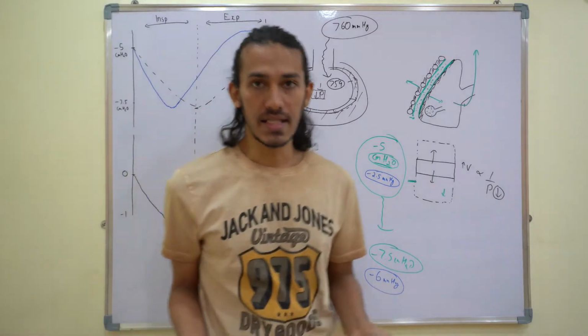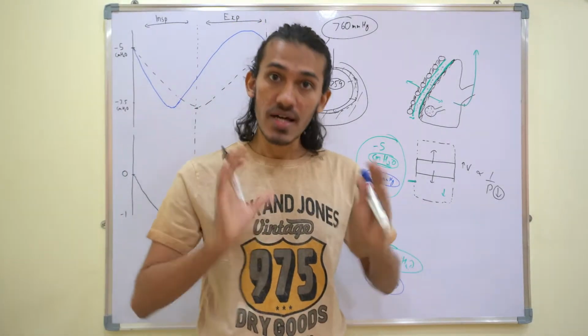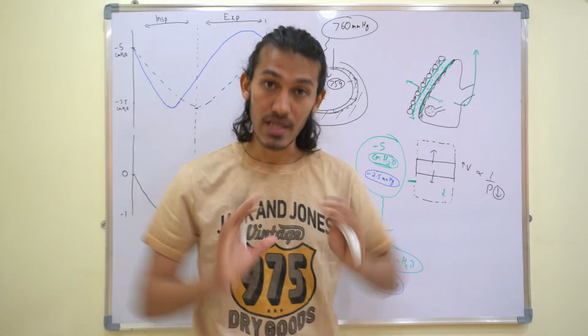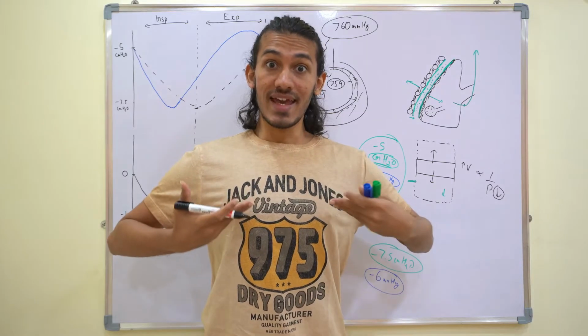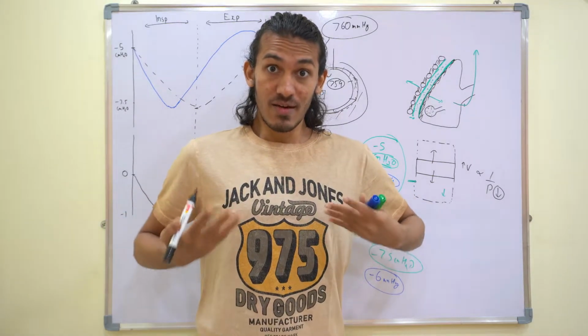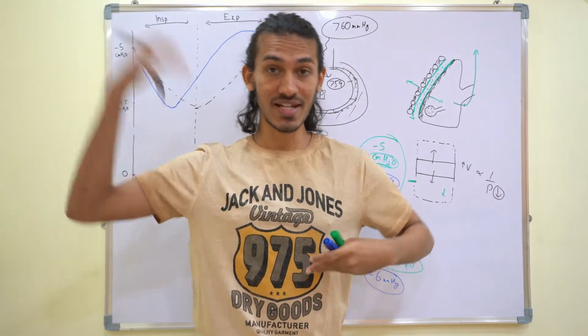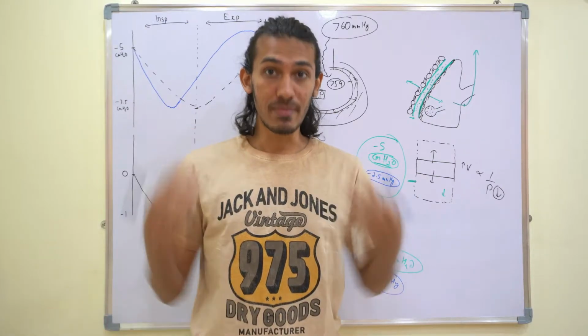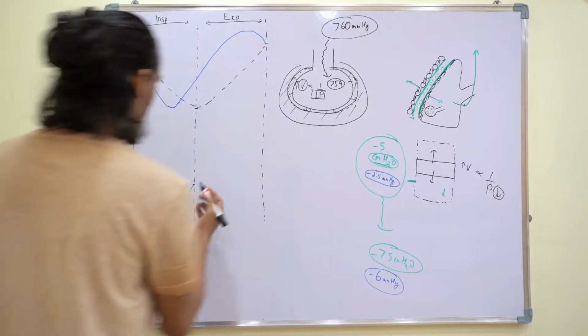So we are inspiring. At the beginning of inspiration, your inside pressure has dropped to -1. And because of that, air now enters. And towards the end, when net movement of air is not there, what happens? The pressure has been equilibrated. Outside pressure and inside pressure has been equilibrated. And because of that, there is no net movement over there. So that is what happens over here.